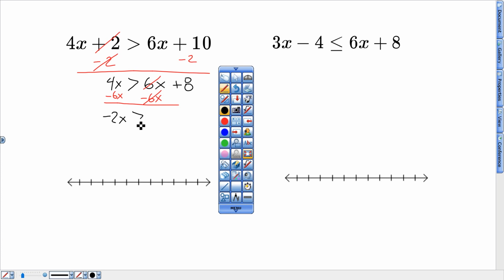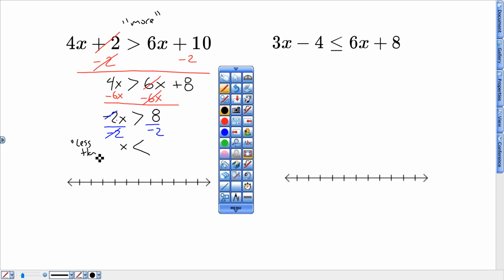Bring that inequality down. Bring that 8 down. Stay on that side now. Opposite, timesing by negative 2, dividing by negative 2, makes that inequality flip from that more than direction, because again, you got to know just by looking, this is more than, to now the less than look.